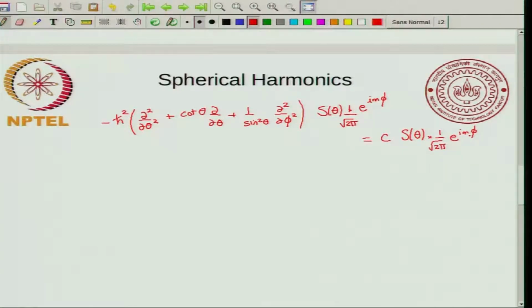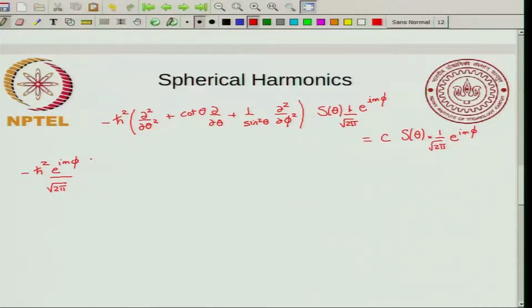When you take this inside, the third term is the only one that has a derivative with respect to phi. The first two terms do not have derivatives with respect to phi, and when you take the second derivative with respect to phi, you will just get minus m square times the same function. So what I will get is minus h bar square, and I will have e to the i m phi divided by root 2 pi.